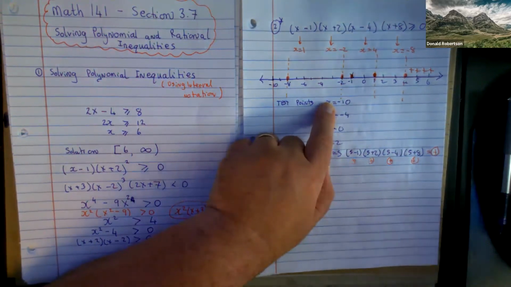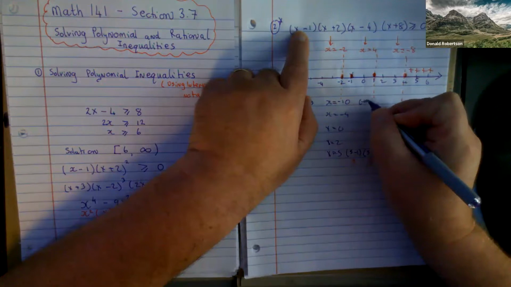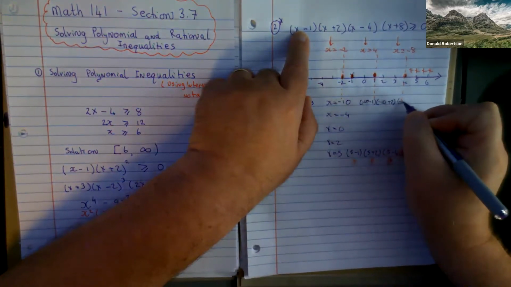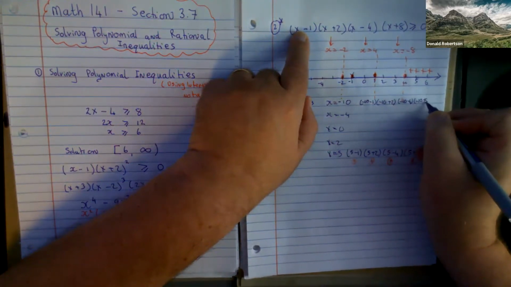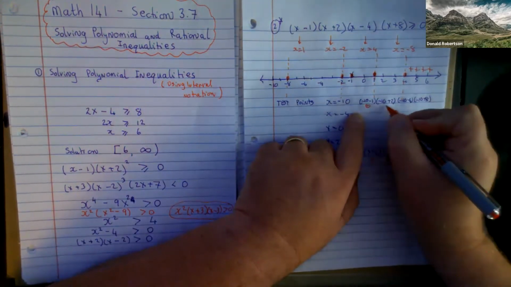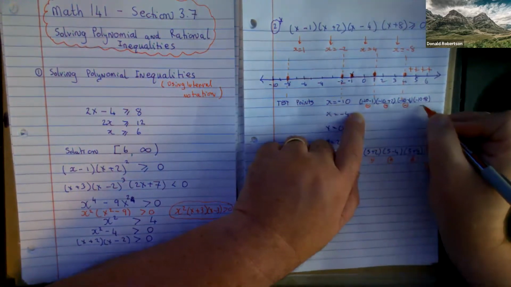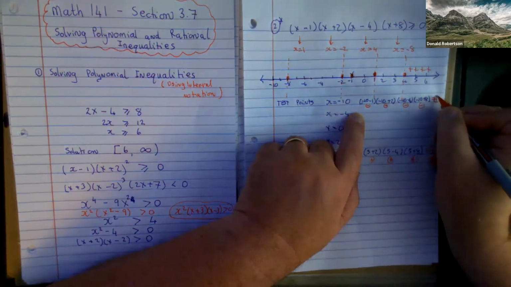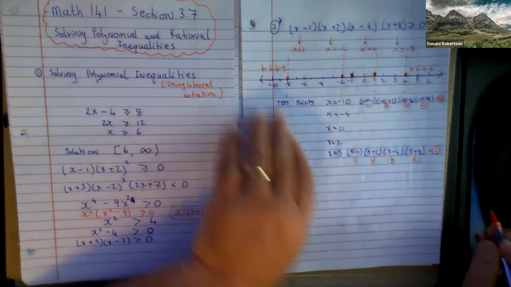Let's do negative 10 then. Negative 10 take away 1, negative 10 add 2, negative 10 take away 4, and negative 10 add 8. That one's negative, so's that one, so's that one, so's that one, which makes a positive answer. So everybody over here is positive.